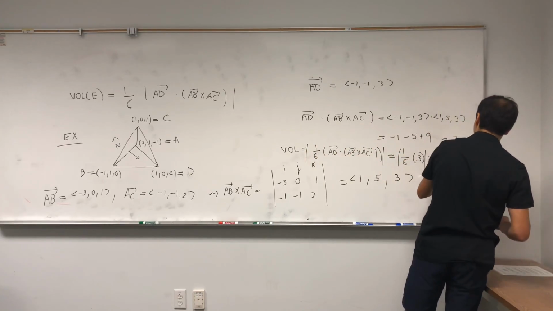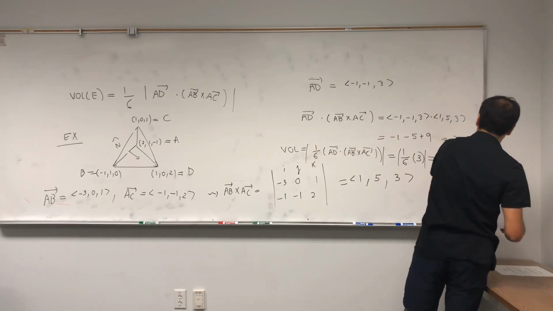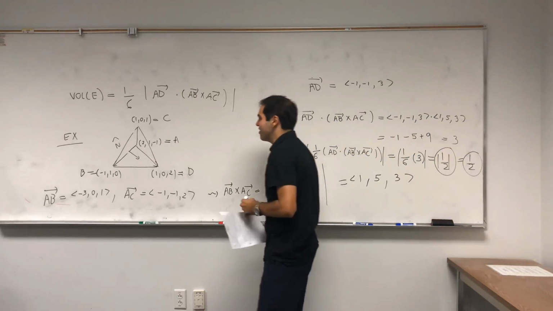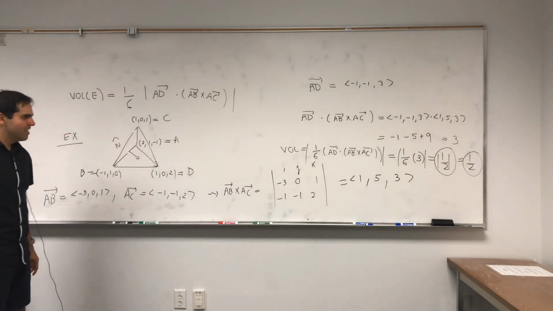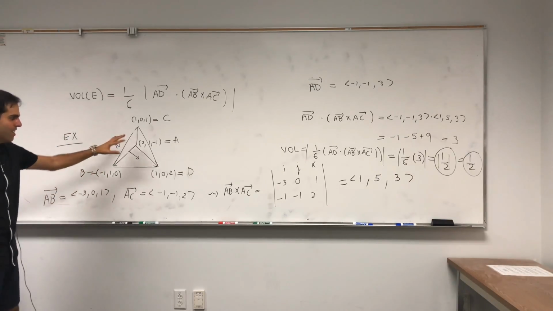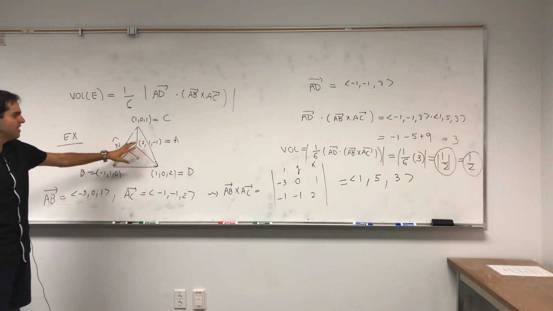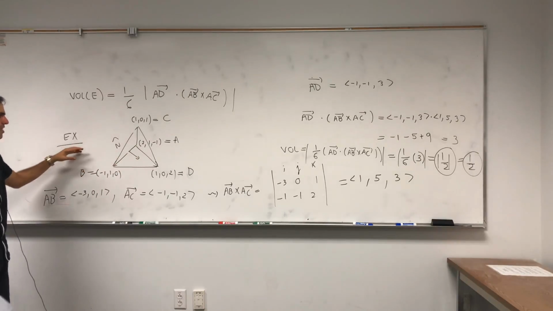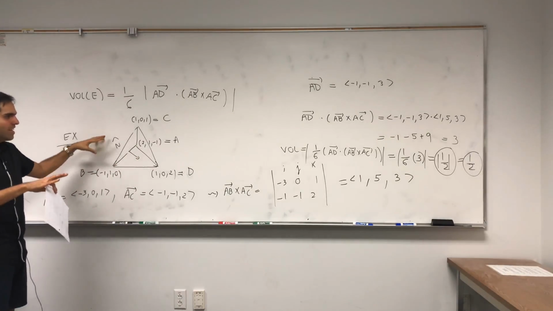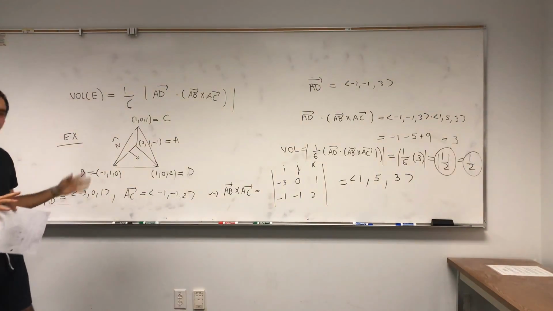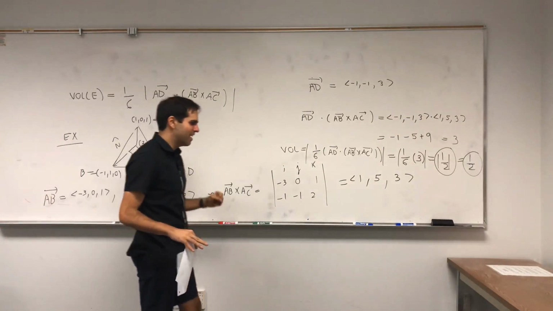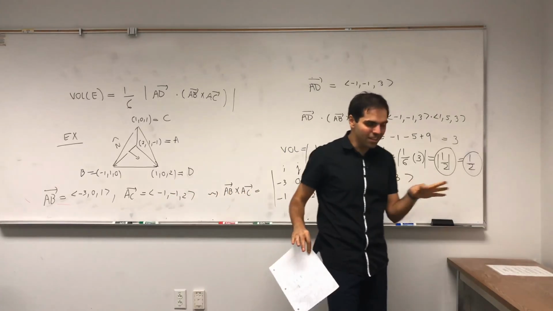So in the end, the volume of this tetrahedron is 1/2. And it shouldn't be surprising that you get a determinant in this case, because it basically becomes, I think, 1/6 of the volume of a parallelepiped. The volume of a parallelepiped is given by the determinant of the 3 vectors.